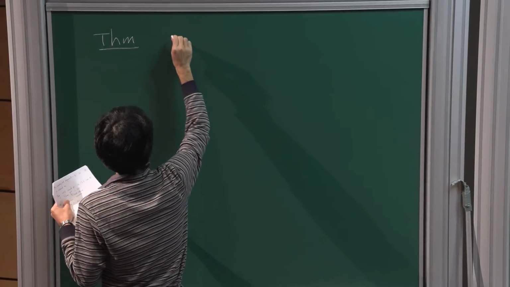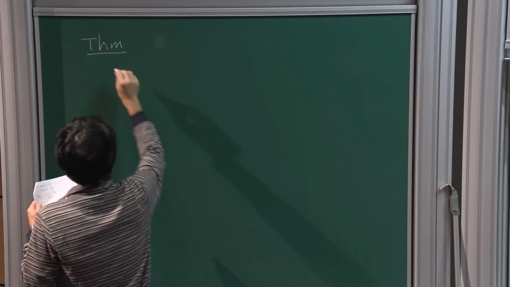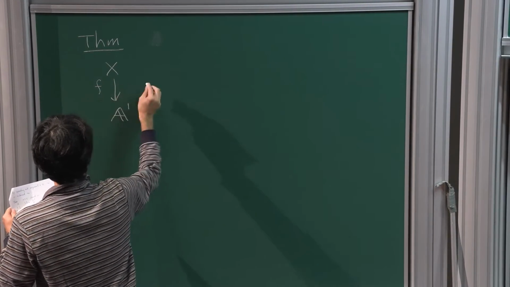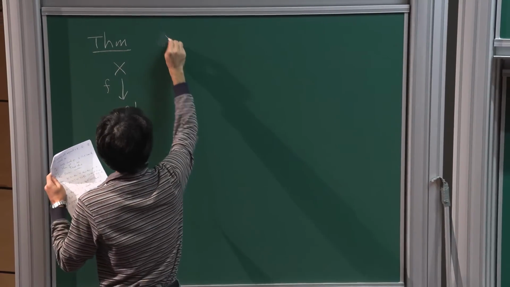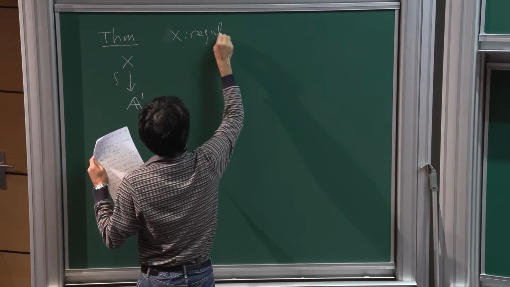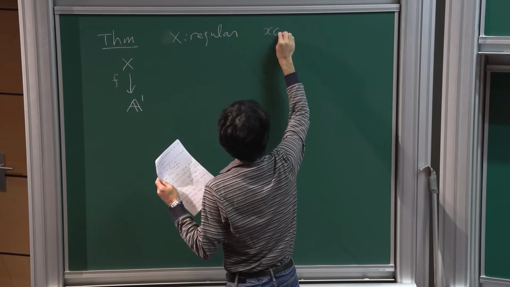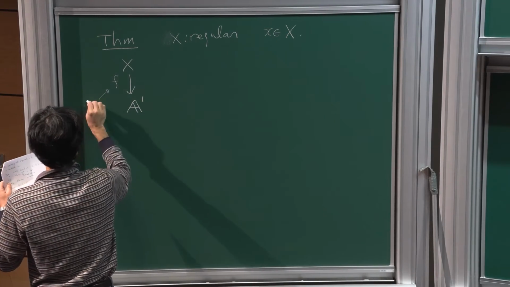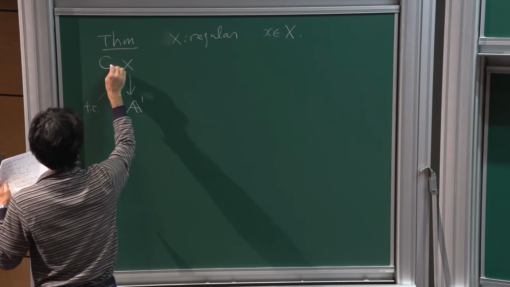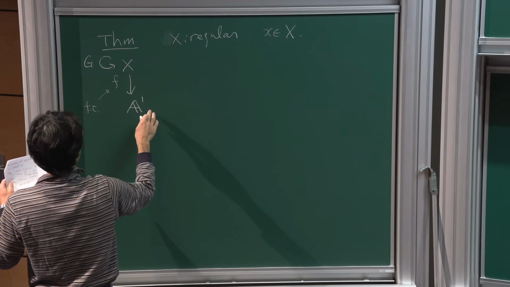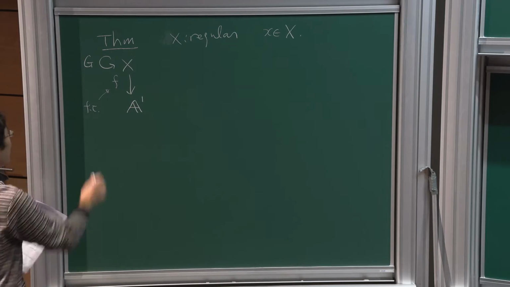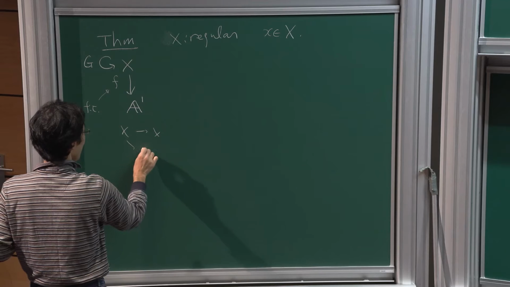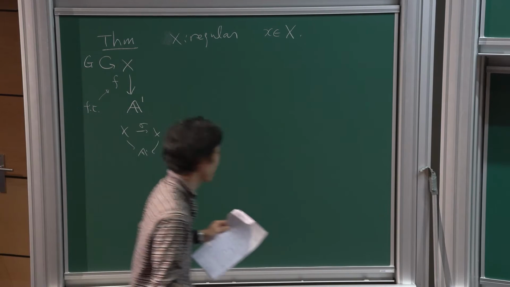So let X be a variety, with f a morphism. X is regular. And I have a closed point. This is finite type now, on which G acts over A1. So G acts on X over A1, so for any sigma, the map X to X over A1 commutes.